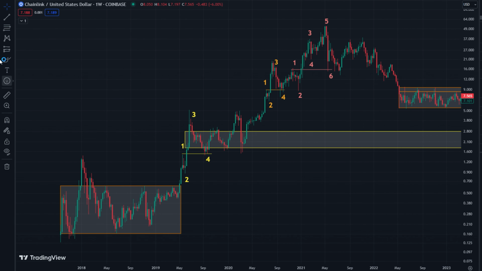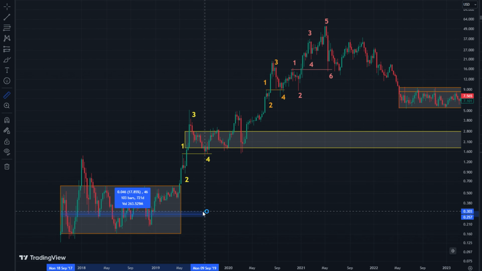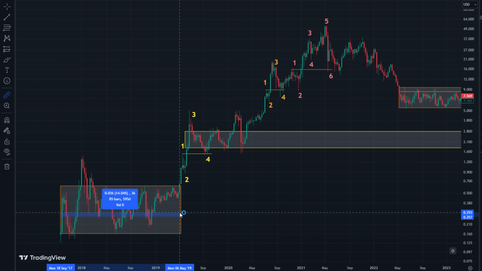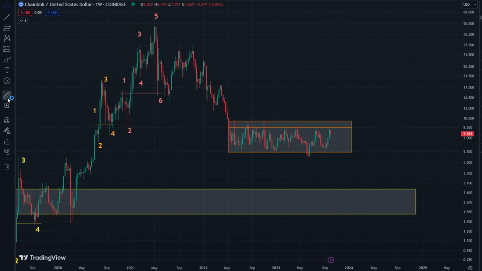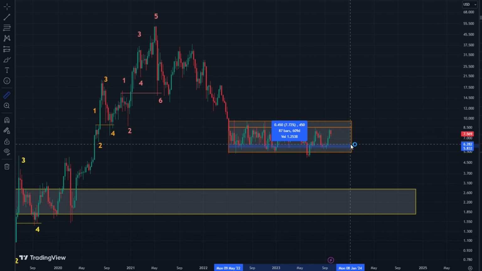As you can see, this was basically 3 months in this range. I don't know, what am I on about? 86 weeks, 602 days. So well over a year, almost 2 years, about a year and three quarters. And we have now been in here for a very similar time.